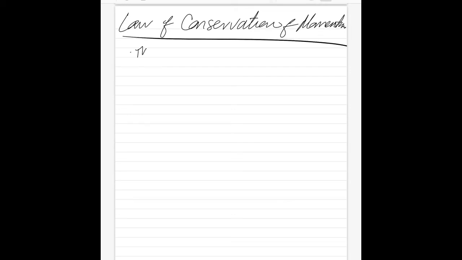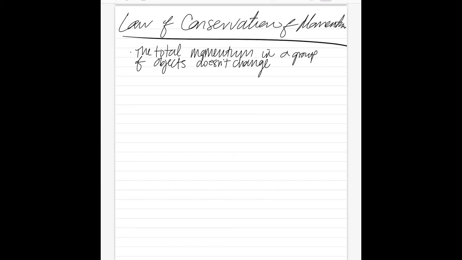Okay, the total momentum in a group of objects doesn't change unless an outside force acts on an object.